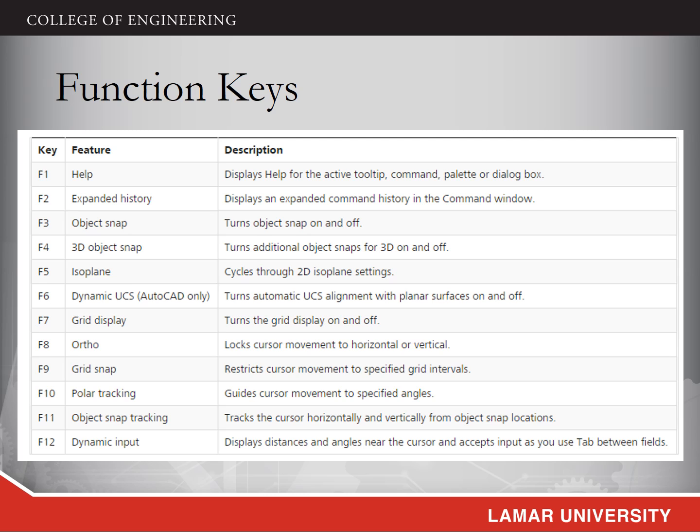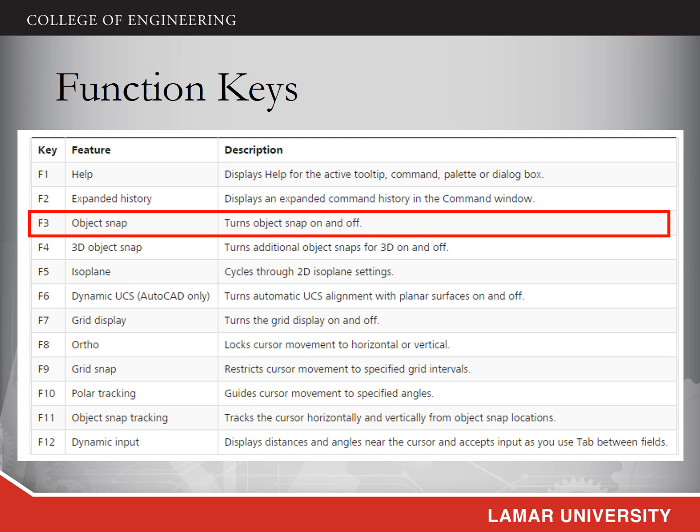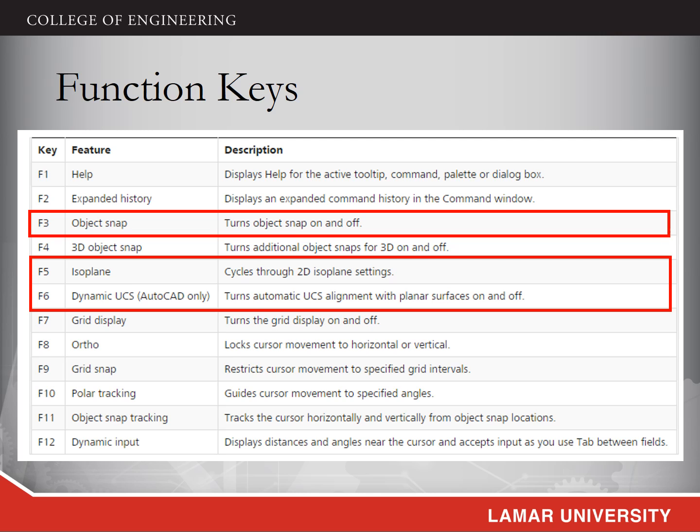First, F3 will activate the object snap, which will help you to identify some feature points on the object. F5 will activate the isoplane mode. This one is only used for isometric drawing, which we will introduce in the last several lectures of this class. F6 will activate the dynamic user coordinate system.